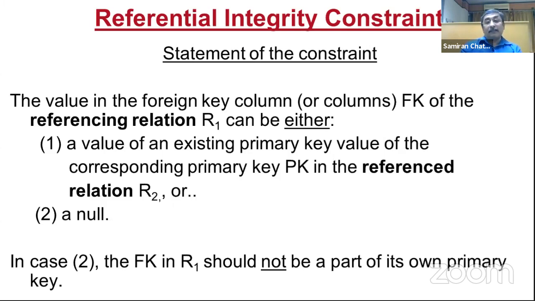But if it is null, it cannot be a part of the referencing relation's primary key. It cannot be a part of that. So this is the constraint that has to be maintained by the foreign key.